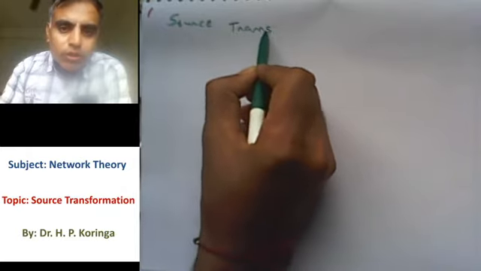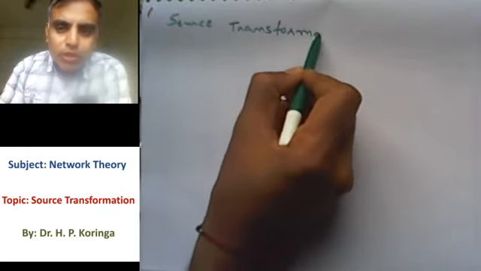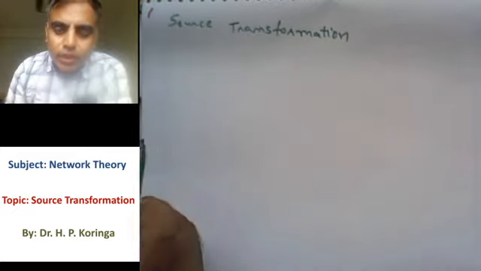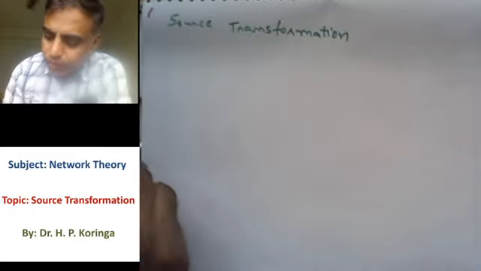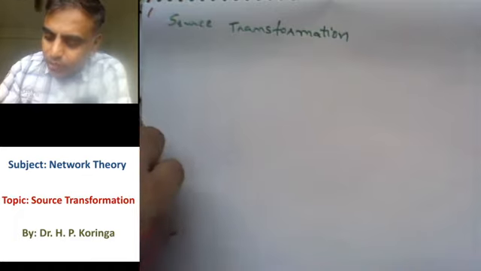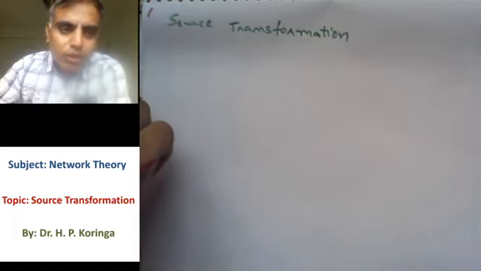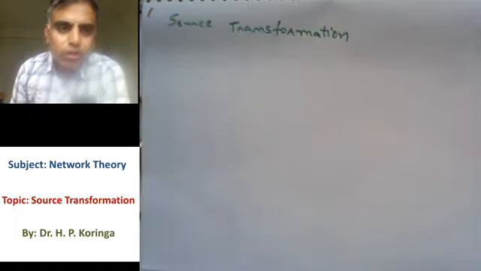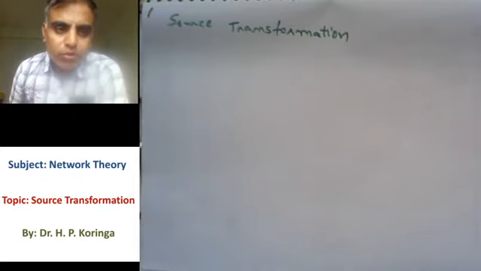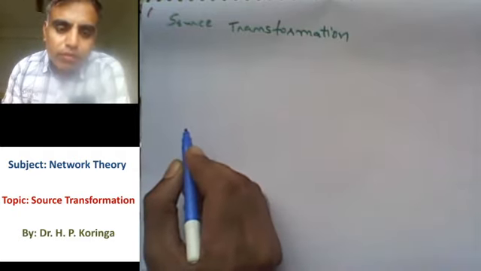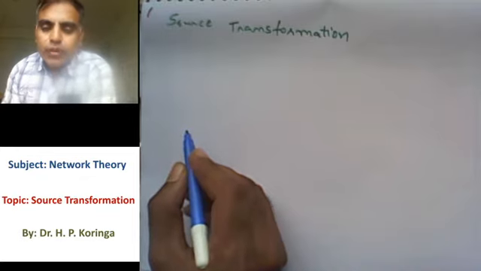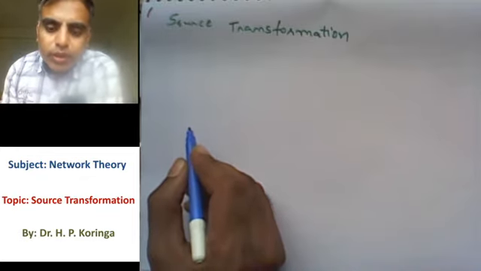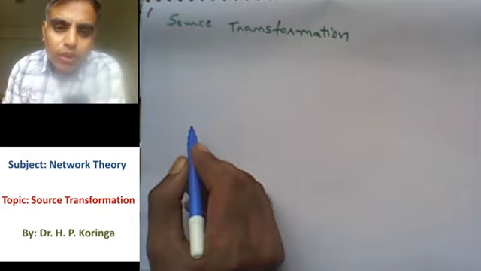Source transformation means converting a voltage source to a current source and a current source to a voltage source, and we want to minimize the network. We want to simplify any complex network into a voltage equivalent circuit or into a current equivalent circuit, right?